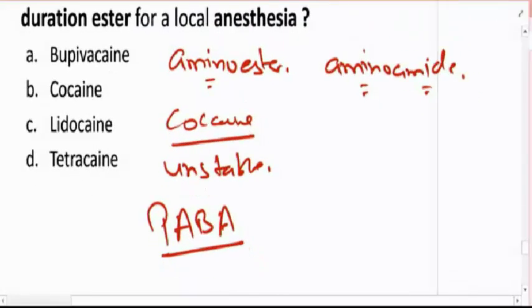On the other hand, aminoamides are metabolized in the liver. They are stable solutions and they have less incidence of allergic reactions.